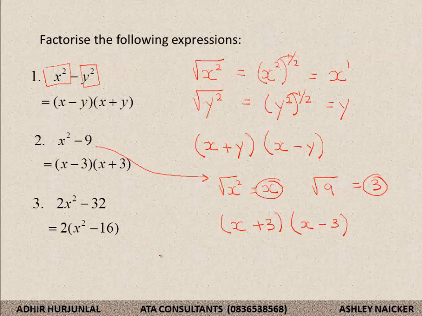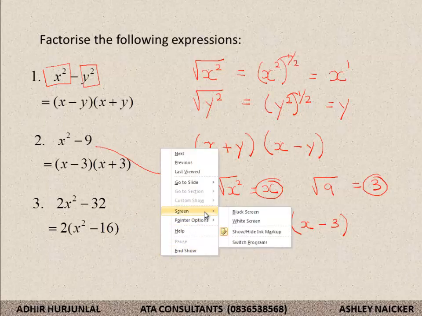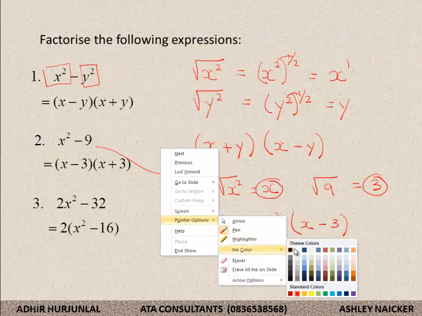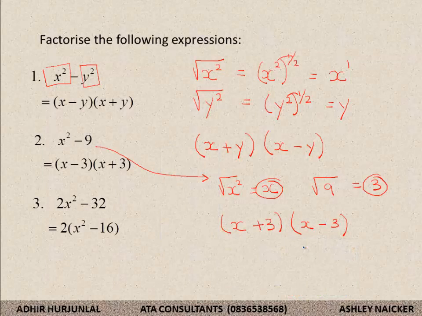Now, if I'm dealing with x squared minus 16, again, I need to be able to factorize this. If I'm going to factorize this, guys, how do I do it? I go ahead and say, what is the square root of x squared? The square root of x squared is equal to x. What is the square root of 16? The square root of 16 is equal to 4.